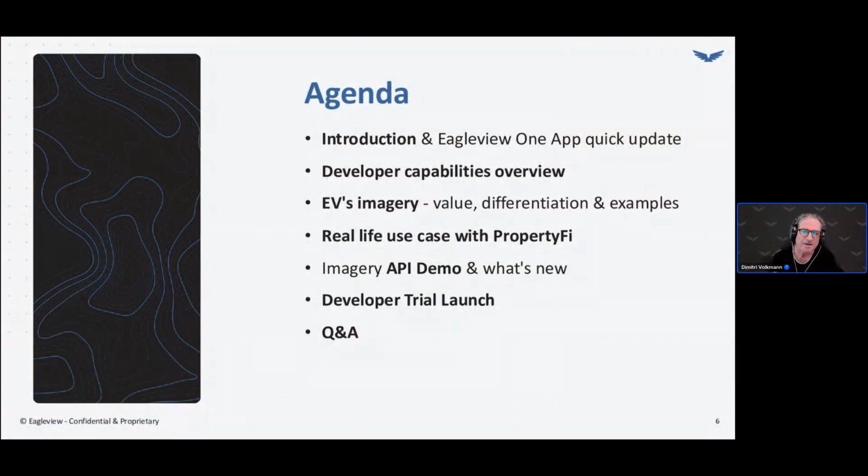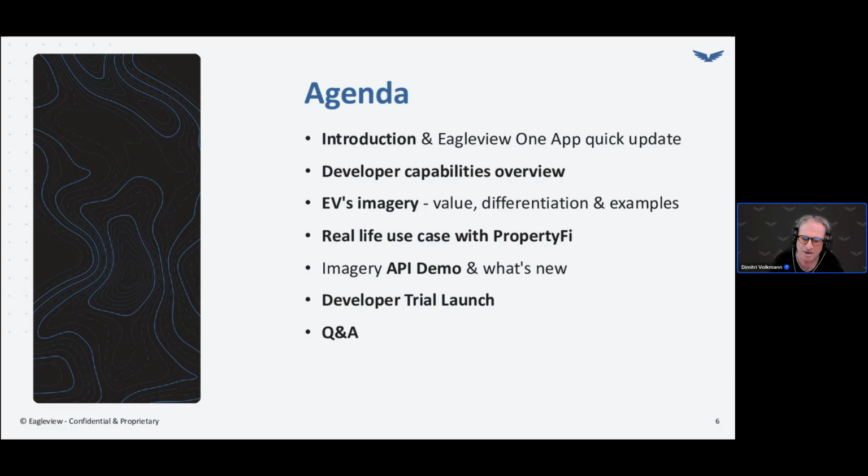So the agenda for today: I am going to continue a little bit on the introduction. I want to show a very quick update on some of our Eagleview 1 applications, through the lens of how we are using the imagery API ourselves for our own applications. That's going to be just a couple of minutes. Then we will dive into the core of this webinar. We will look at the developer capabilities first. Then we will discuss the imagery from a value differentiation and example standpoint.